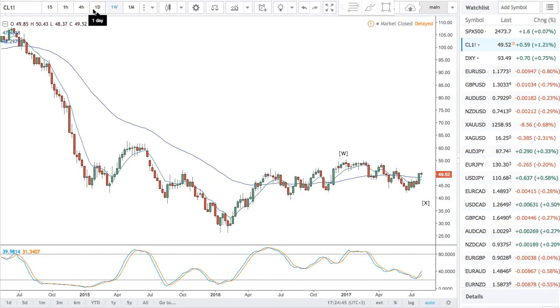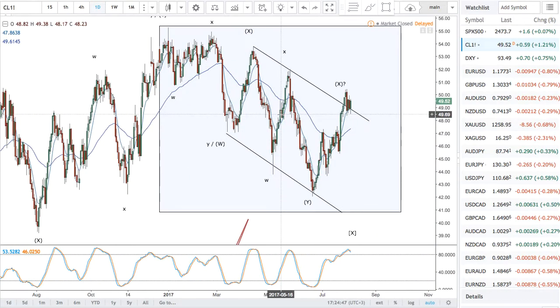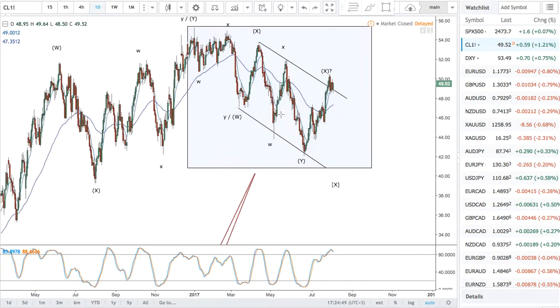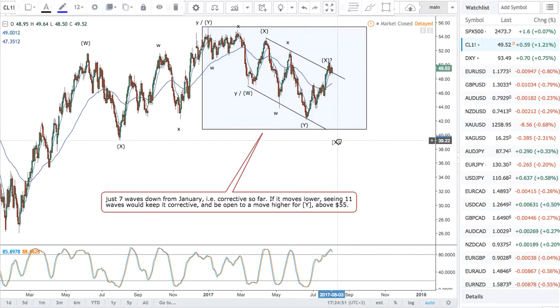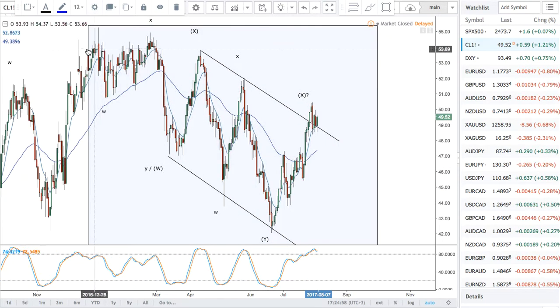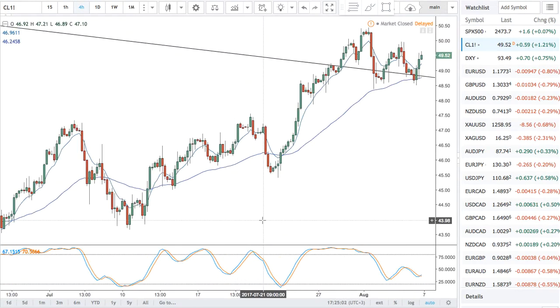No change in oil. Still looking to the upside. The overall view in this did not see another low for 11 waves. We just got 7 into here, which I marked as Y. So I'm going to stay bullish on this, and I think any type of sideways correction can be bought into overall.